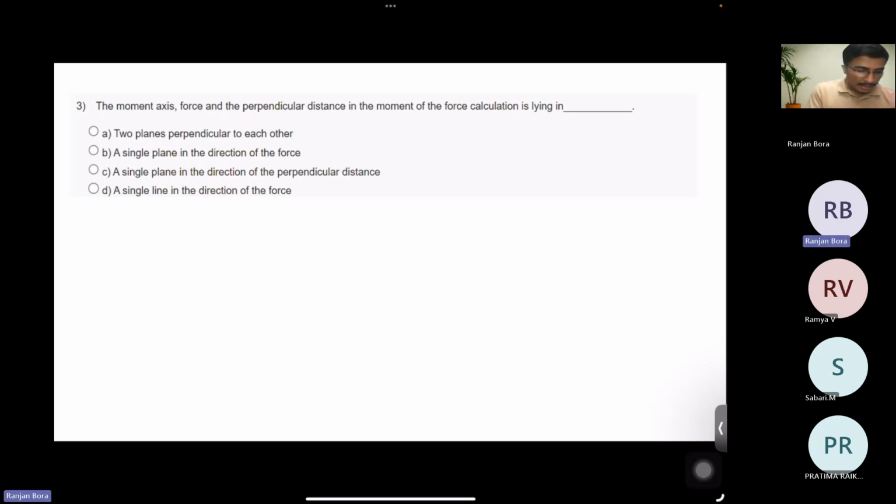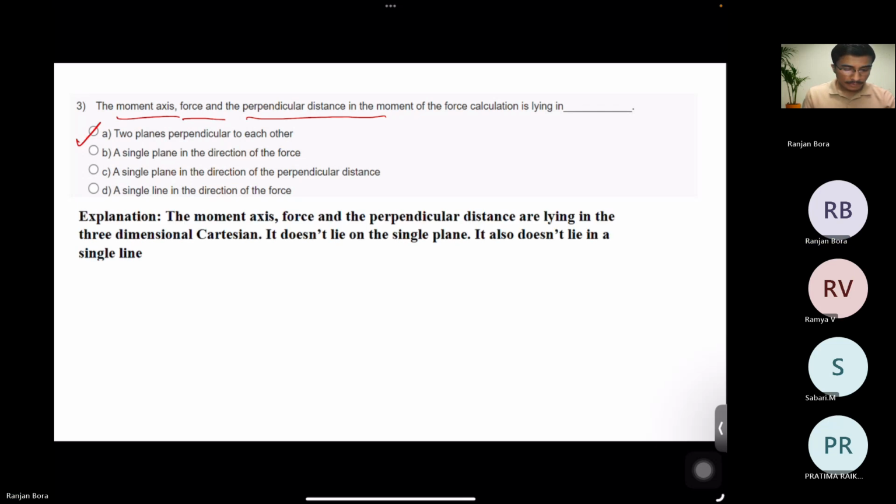The option A is correct. Here the moment axis, force, and perpendicular distance in the moment of the force lie on planes perpendicular to each other. You can see the explanation: they lie in the three-dimensional Cartesian system. They don't lie on a single plane, and they also don't lie in a single line.